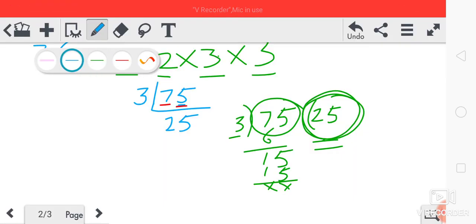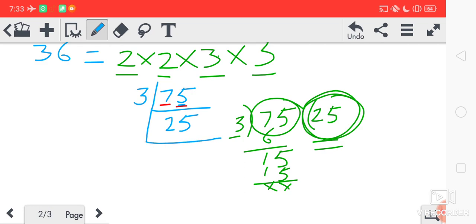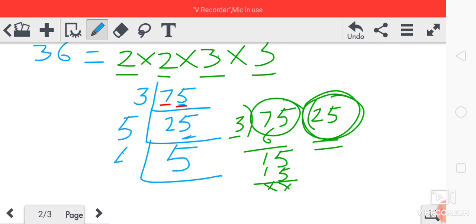So already I have written here 25. Now 25, is it divisible by 3? 5 plus 2 is 7, if we add the digits, we are not getting a multiple of 3. We know 5 5s are 25, so we can write here 5 5s are 25. Now 5 is divisible by which number? Only 5. 5 1s are 5.